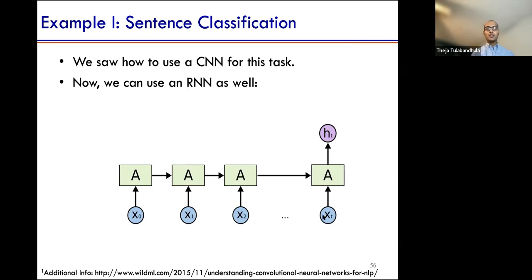So here, this is how you would use an RNN for this time series type of problem. You pass the first input, you ignore the first output, take the hidden vector, pass that vector to the second call to the RNN cell, and pass the second input, and so on.